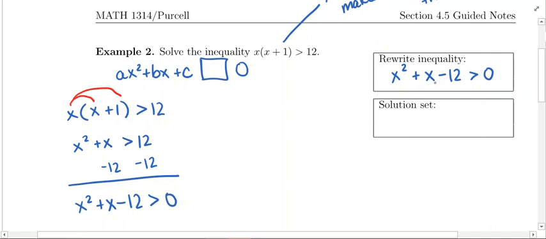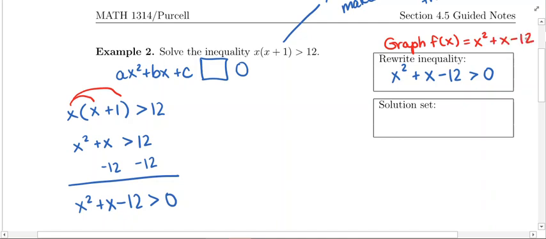That's why it's important that everything is on one side and the other side is 0, because the non-zero side becomes the parabola. So we are going to graph f of x equals x squared plus x minus 12.